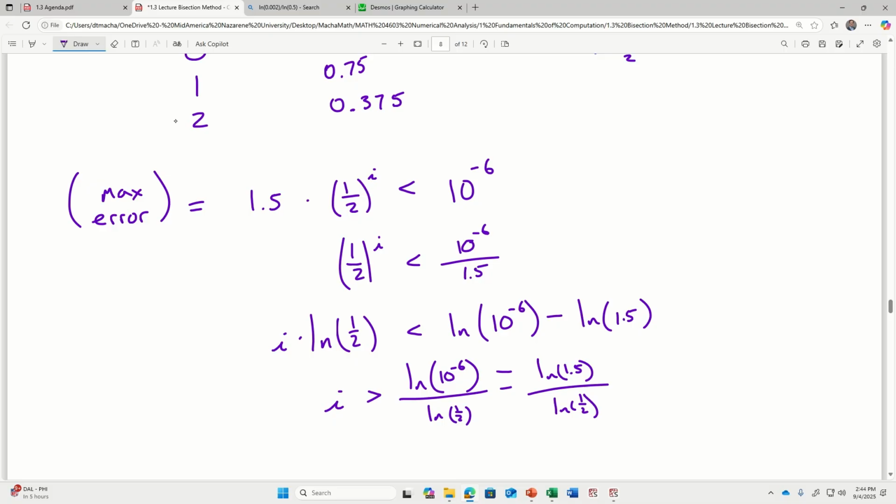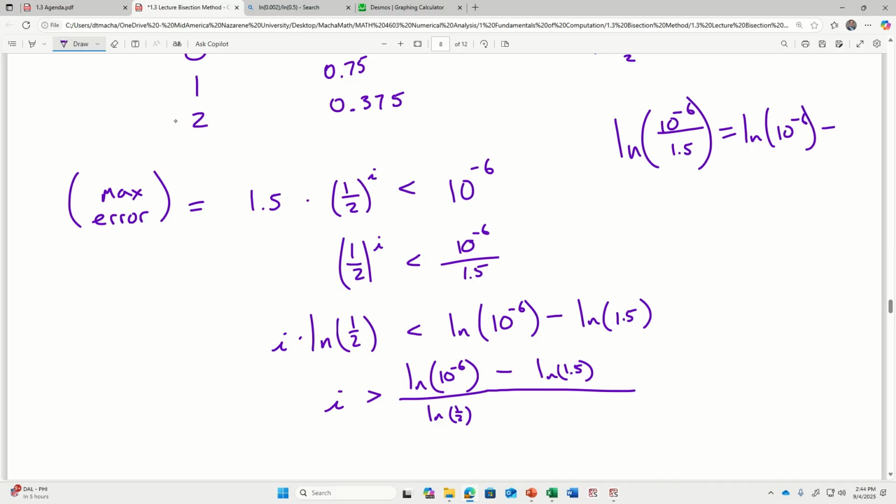Or I could just put the whole thing over natural log of half. Sorry, I'm making this too complicated, aren't I? But you could also write the natural log of 10 to the negative 6th power divided by 1.5. That's the same thing as natural log of 10 to the negative 6th minus natural log of 1.5. So you could just write it like this instead.